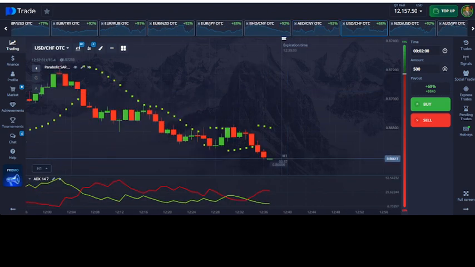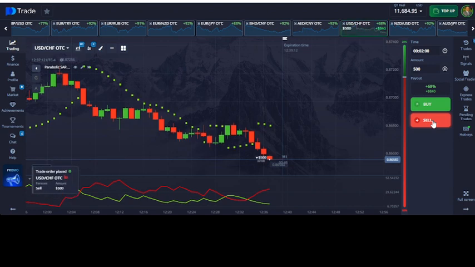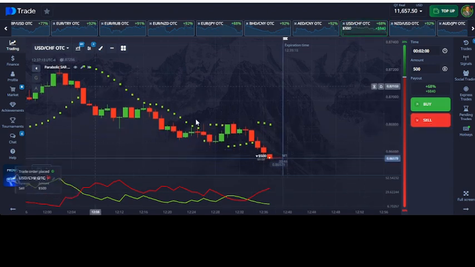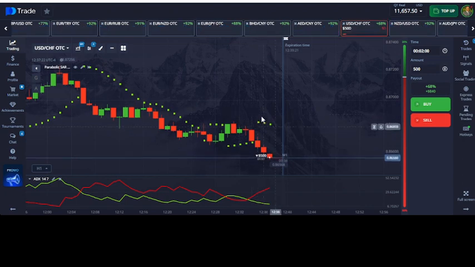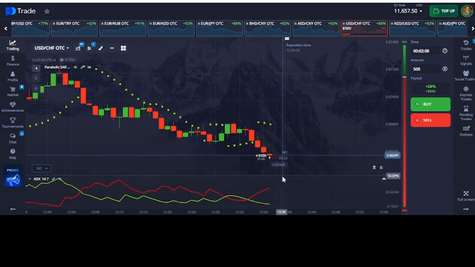Okay, so I'm on USD Swiss franc OTC, and I'm going to go ahead and take a sell trade here. The reason why I took the sell trade here, we're seeing a bearish trend in the current price. In addition to that, we see these three Parabolic SAR dots print above the candles here, suggesting a bearish movement to the downside.